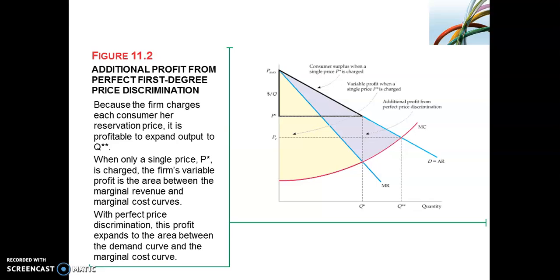And that is that extra variable profit per unit. It is now the difference between the demand curve, there's the demand curve, and the marginal cost curve. That now yields the profit per unit of output, this entire area. So total output now becomes Q double star, and the consumer surplus, this region, has now been taken up by the producers.